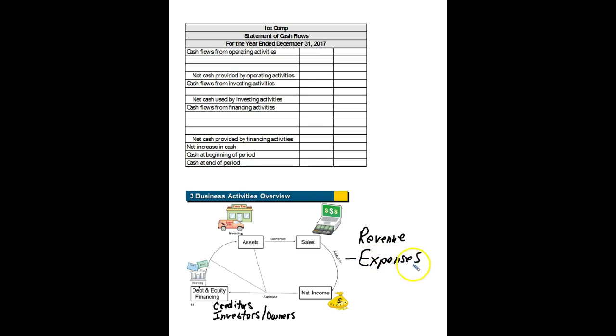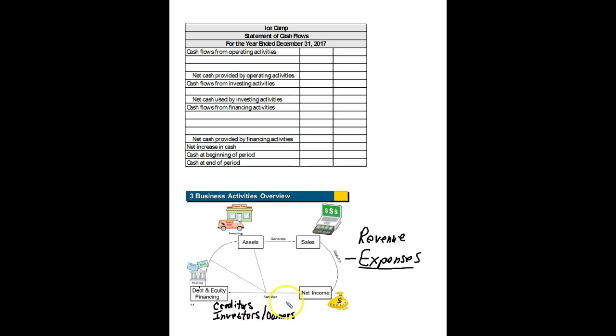We will use expenses in order to generate those sales revenue. That's going to result in profits or net income. So we have sales, we incur our expenses, and hopefully we'll end up with a net profit. If we're profitable, that will satisfy these investors and creditors.